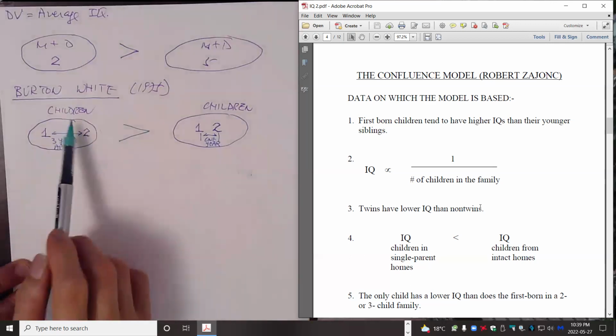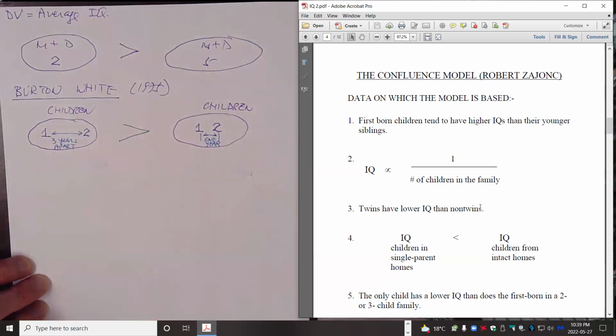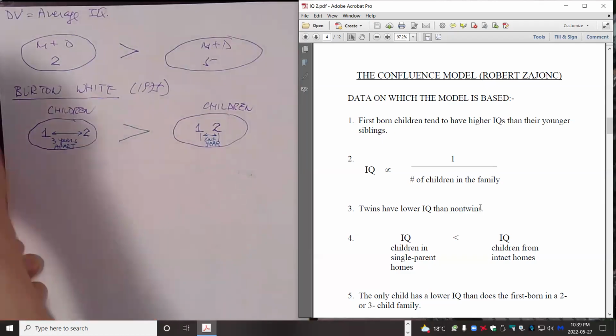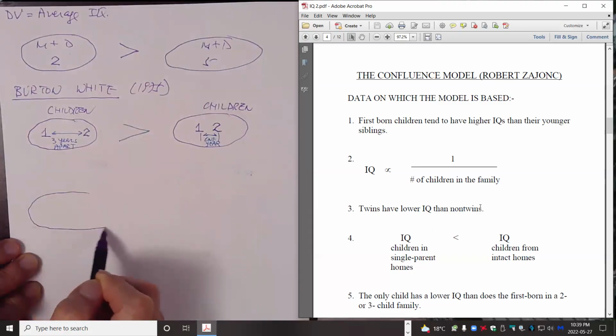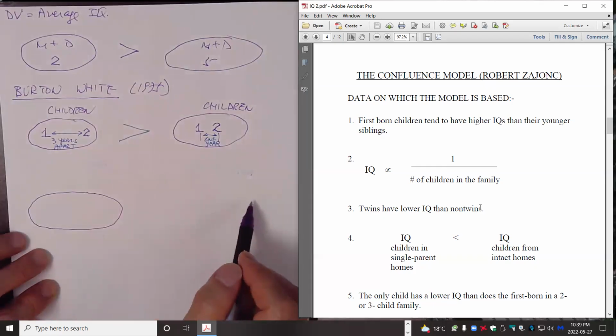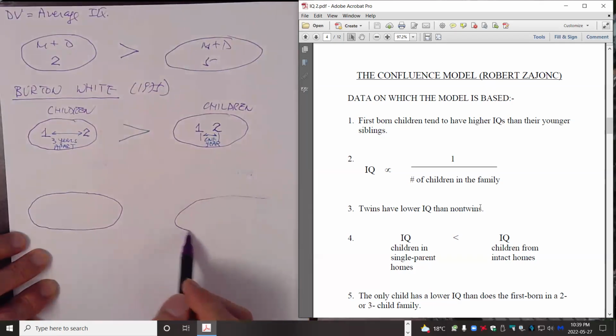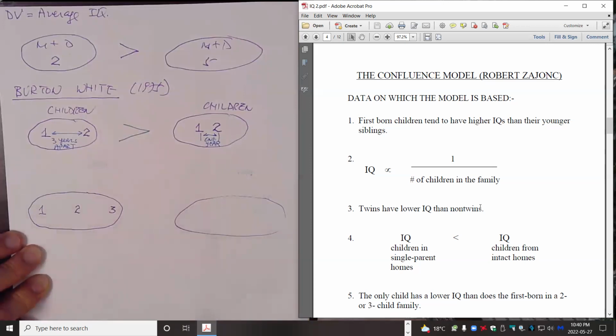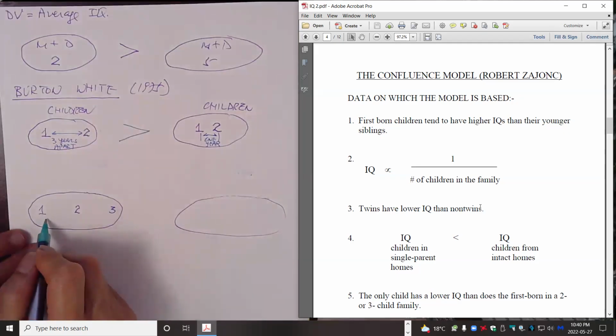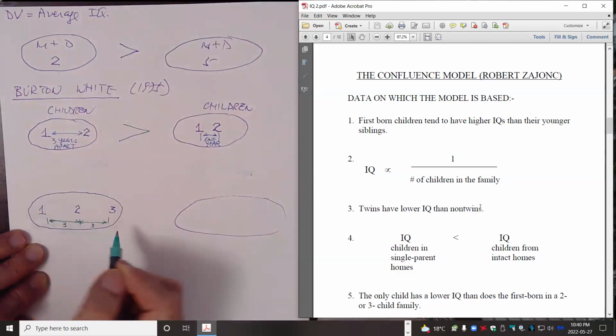take a look at these two cases together. Let's say here 1, 2, 3 children, and all of them more than 3 years apart.